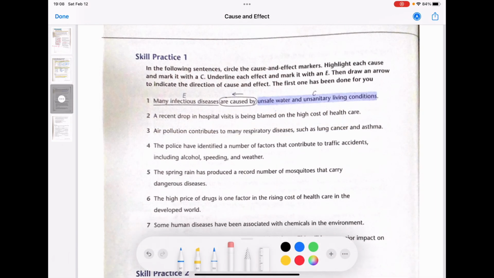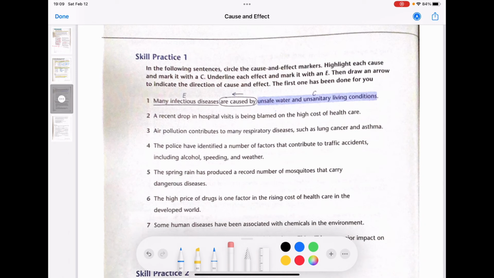If we go back to our chart, to cause, the cause causes the effect. So now let's take a look at skill practice 1, and I just want to walk you through a couple of these so you know how to do this exercise. The example is done for you. You can see that the cause effect marker, caused by, is circled. The direction is going kind of backwards, where the effect comes first and the cause comes second.